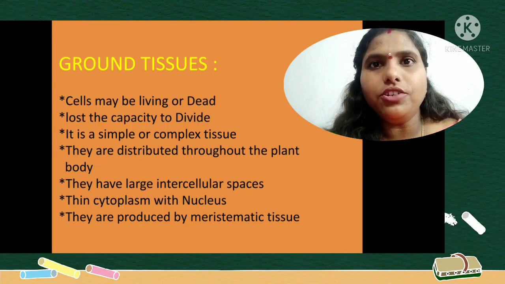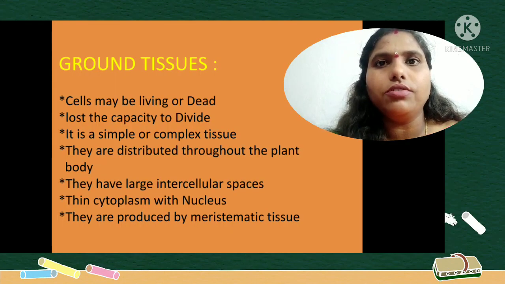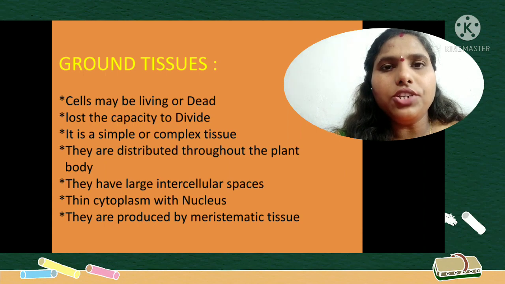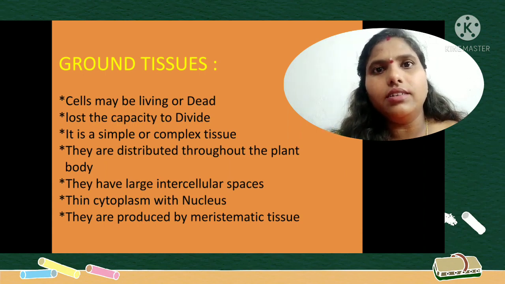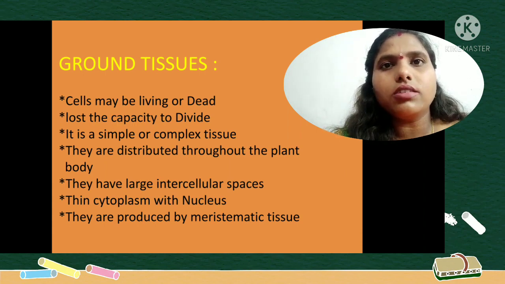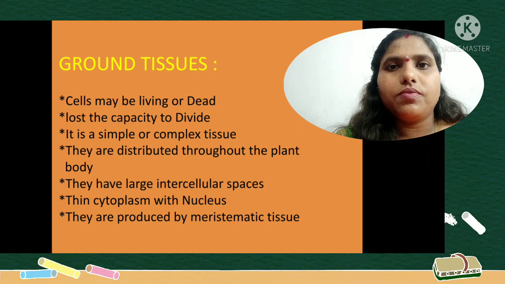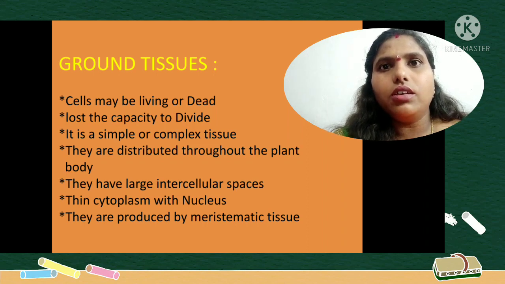These simple tissues come under the ground tissues. Ground tissue cells may be living or dead. They lost the capacity to divide. They may be from simple or complex tissues. These ground tissues are distributed throughout the plant body.